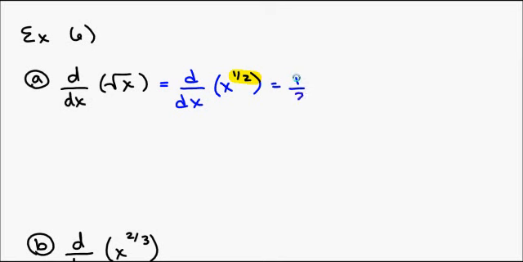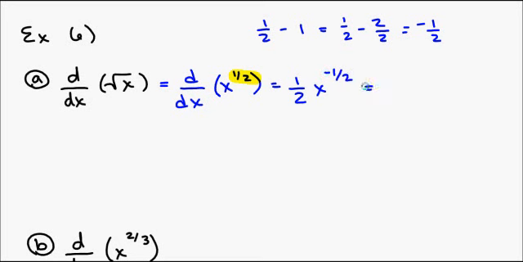So 1/2 x, and I subtract 1 from this. So 1/2 minus 1 is the same as 1/2 minus 2/2, which is negative 1/2. So I have x to the negative 1/2.